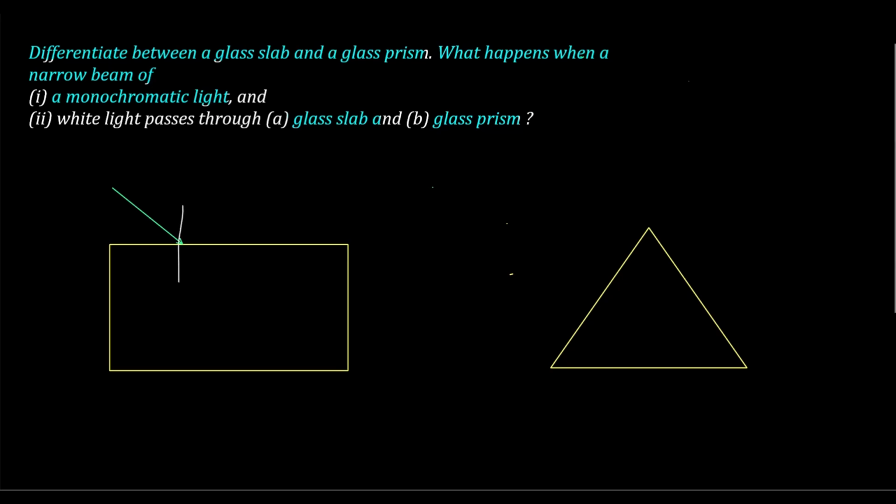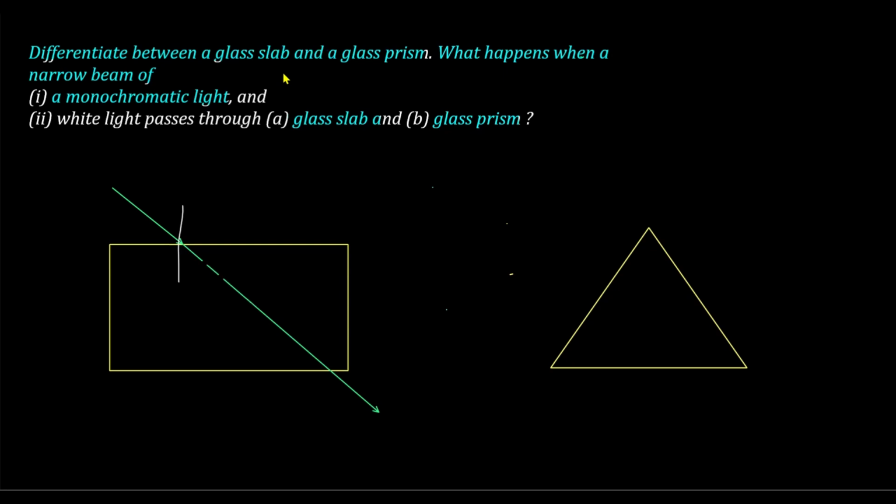As you know, in case of refraction, the ray is traveling from a rarer to an optically denser medium, so it should bend towards the normal. If undeviated, it will go like this, but a deviation is taking place. An undeviated one will go like this. But as I told you, the deviation takes place.